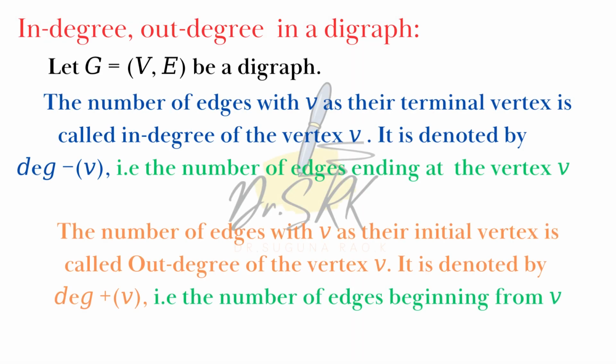Now the next definition is in degree and out degree of a vertex in a graph. Let G be a graph, maybe a digraph, which means directed graph.